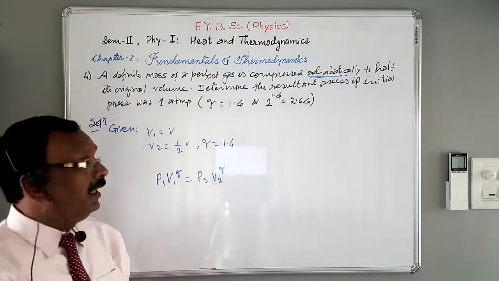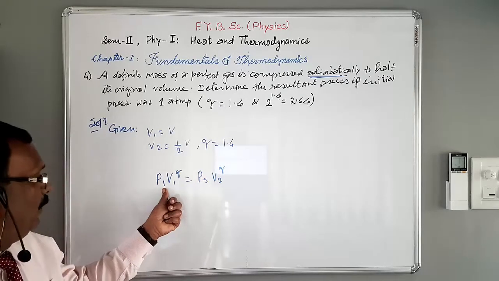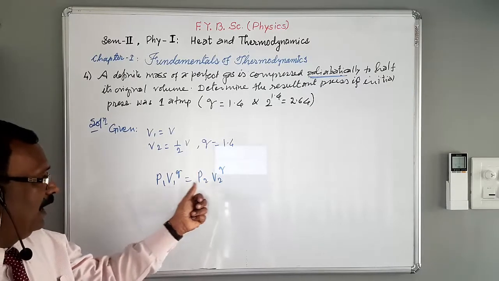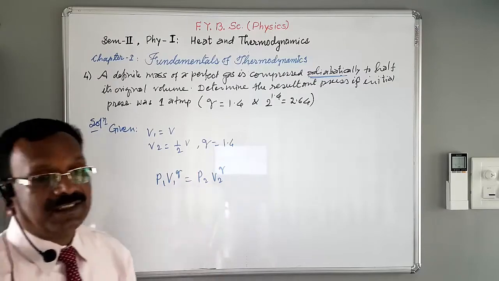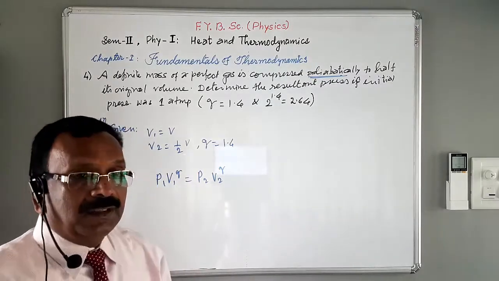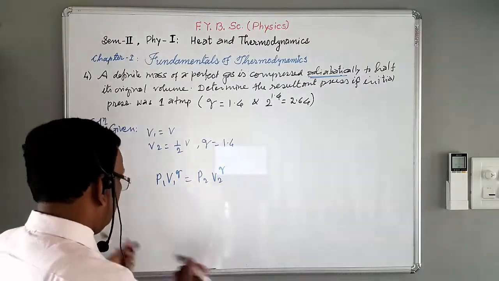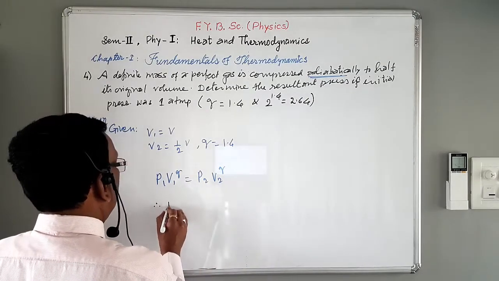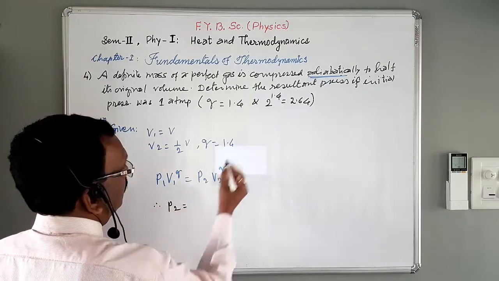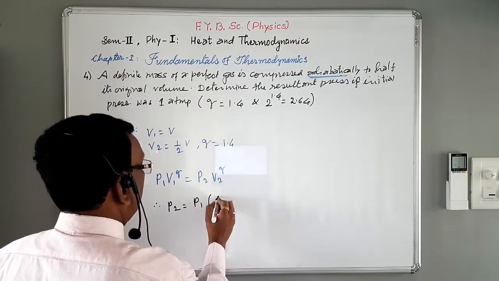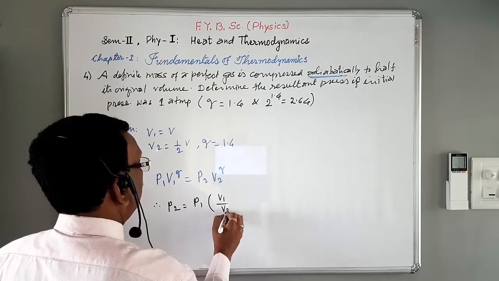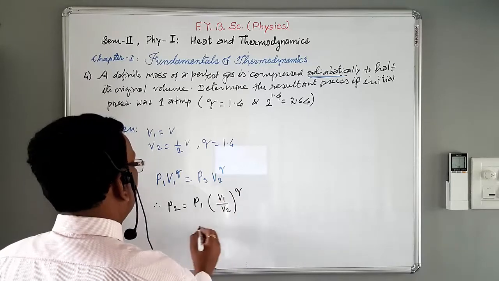This is the adiabatic relation between pressure and volume in the initial state, and this is the relation in the final state. Now rearrange this equation: P2, because we have to calculate the resultant pressure, equals P1 in bracket V1 upon V2 raised to gamma.